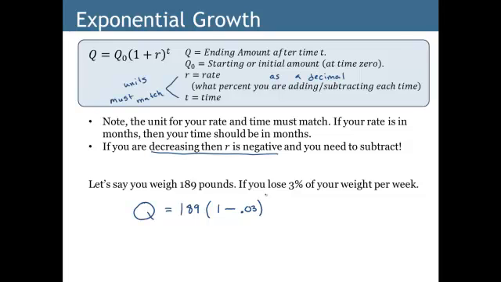So minus 0.03 and to the t power. We could simplify that equation to 0.97 to the t. And what is t here? Well, it's 3% per week, so t is in weeks. Just like with linear, we like to remind ourselves what that t value represents.